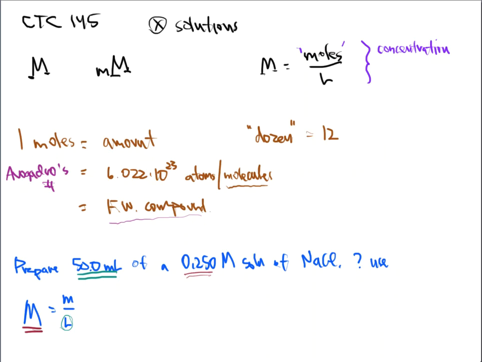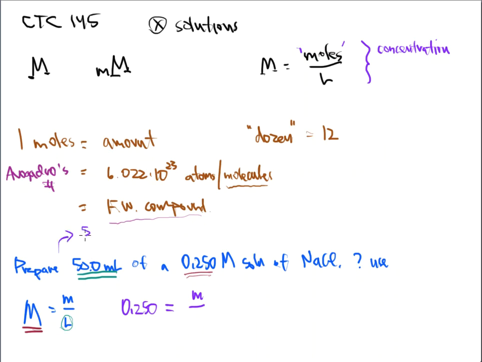All right, from this point, the only thing I have to do is come down here to the bottom. I know that the big M is molarity, and the problem gives that to me. 0.250 is equal to the little m, which is moles. And then down below is liter. Well, 50 mils.